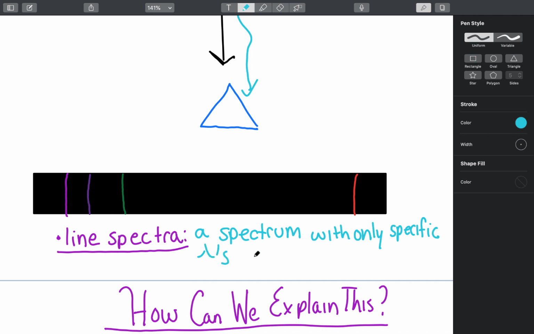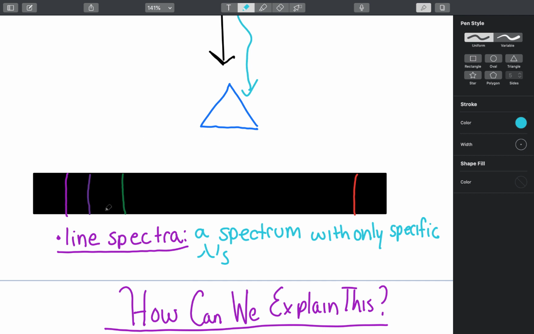And these specific wavelengths that are produced on this screen are characteristic of the atom or of the element that is being tested. So hydrogen will have a different line spectra than neon. Neon will have a different line spectra than argon. So we can use these line spectra in order to determine the identity of a particular element.